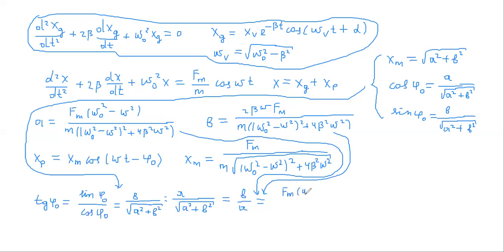So fm divided by m times omega 0 to the power of 2 minus omega to the power of 2, over fm divided by m times the square root of omega 0 to the power of 2 minus omega to the power of 2, squared, plus 4 beta squared omega squared.